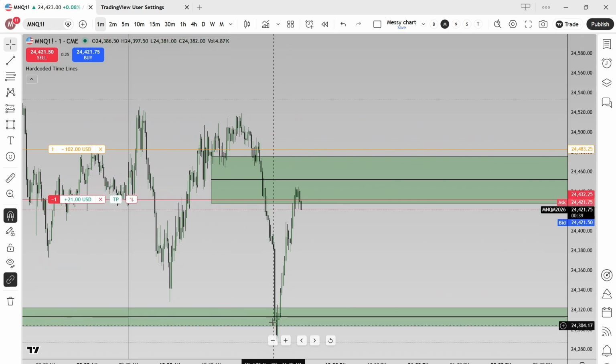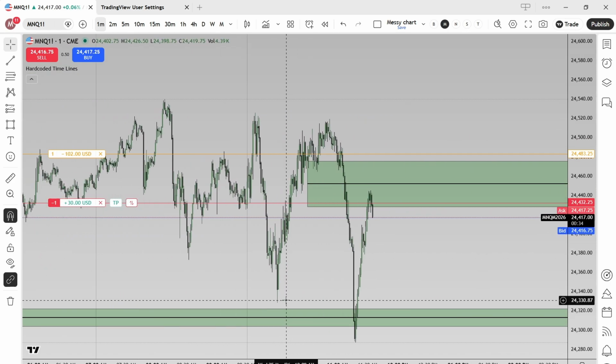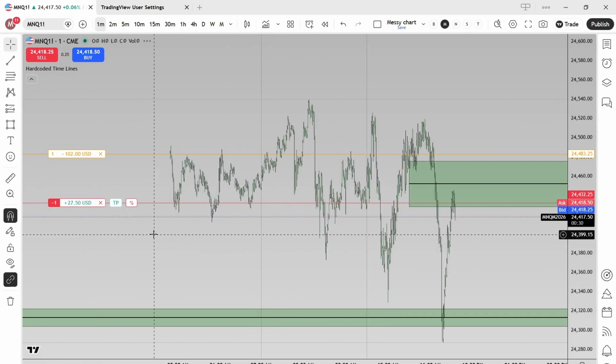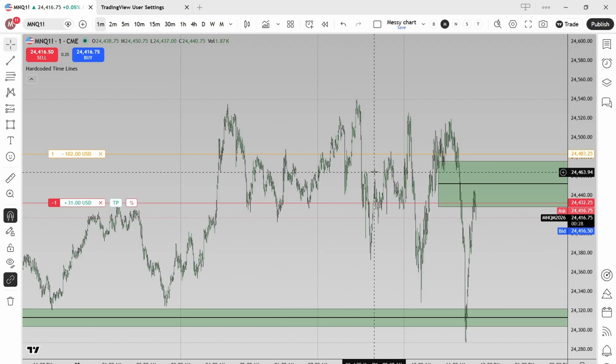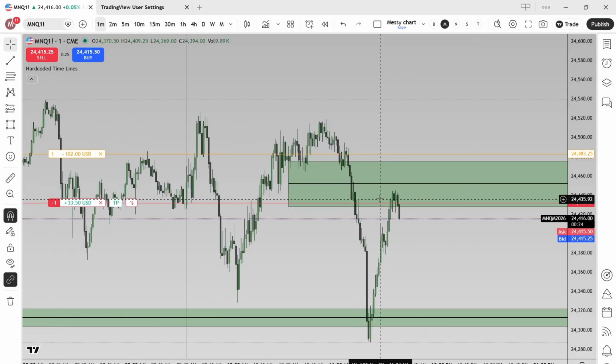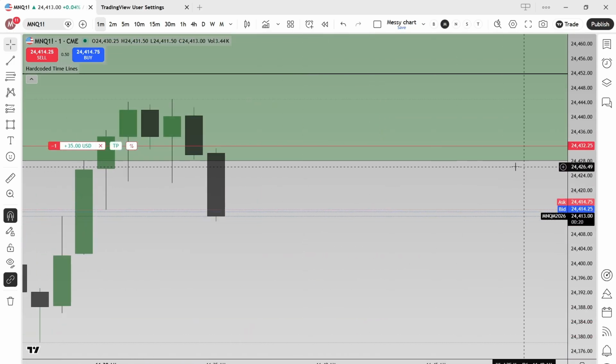Basically, I want to see this be leg 1 and leg 2 starts here, because this isn't a real leg 1. This is more consolidation, consolidation, consolidation, breaks the consolidation, goes up. Okay, now I'm looking for entries here.